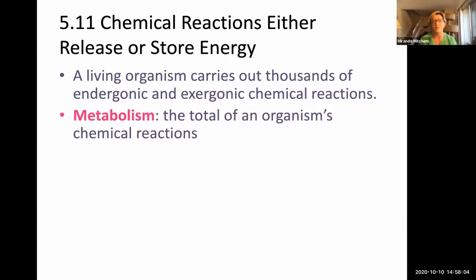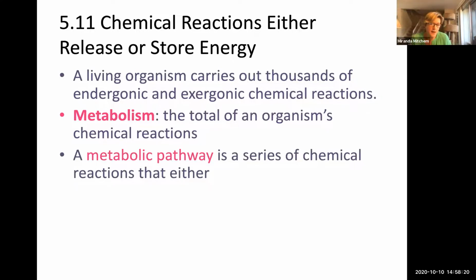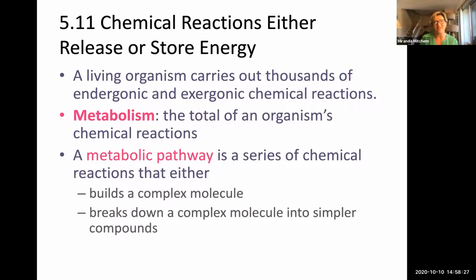And that simply is the sum of all those chemical reactions associated with breaking down materials that we eat and then making the different materials that we need, and all the work that the cells perform. So a metabolic pathway is really just a series of chemical reactions to make a molecule, or again, to break it down. So we're talking about monomers being built together to make polymers, or polymers being broken down into their monomers.